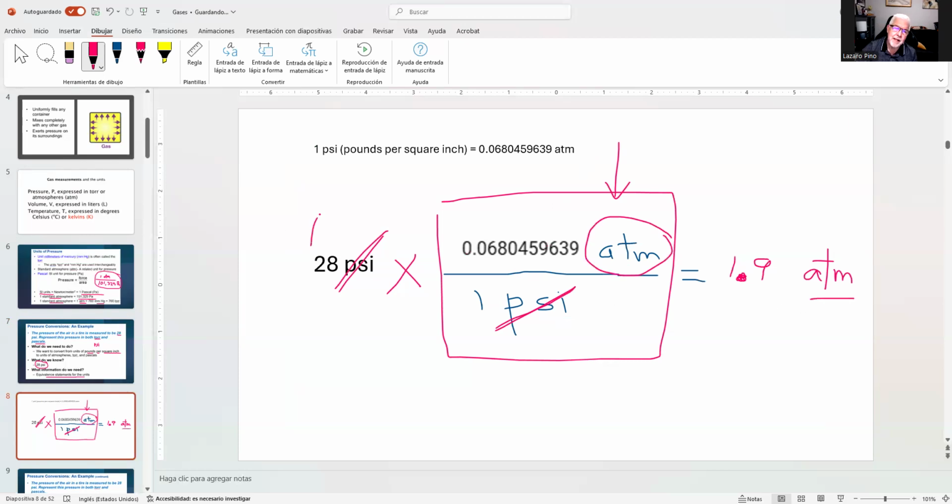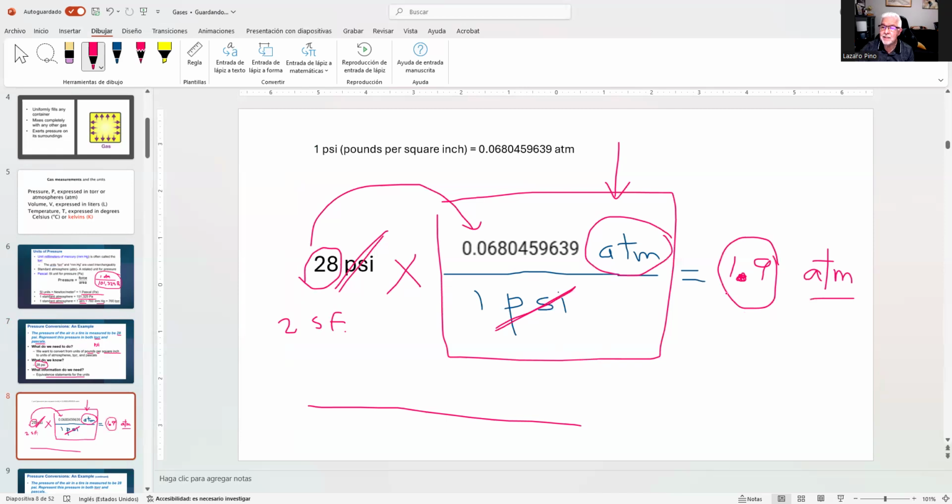Then I multiply this number by this number, and the calculator will give me a very long number. But the given number has two significant figures, and we have to report two significant figures. And the answer is that 28 PSI is equal to 1.9 atmosphere. This is a way that we can solve this problem.